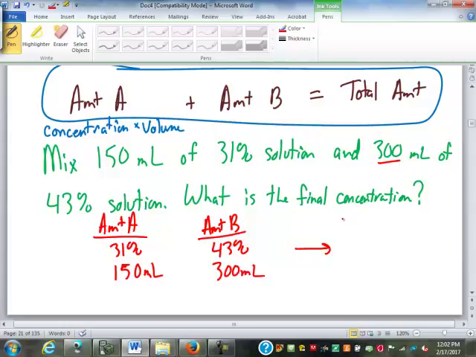So our total amount, we don't know its concentration. That's going to be X. But the amount that we have, if we combine 150 milliliters and 300 milliliters, that is 150 plus 300 must be 450 milliliters. So the amounts must add up. The volumes must add up in this formula.